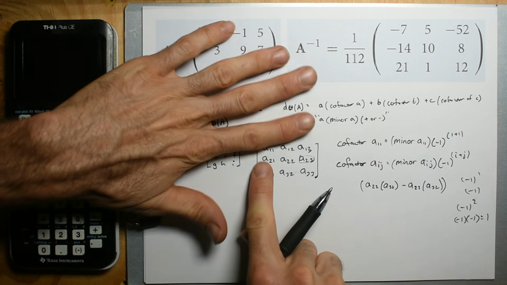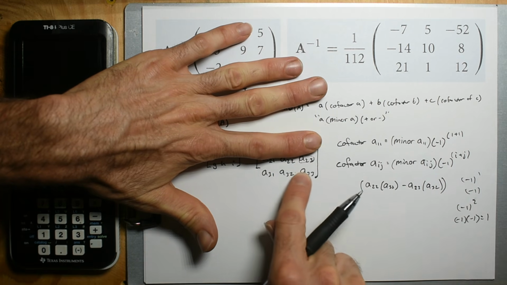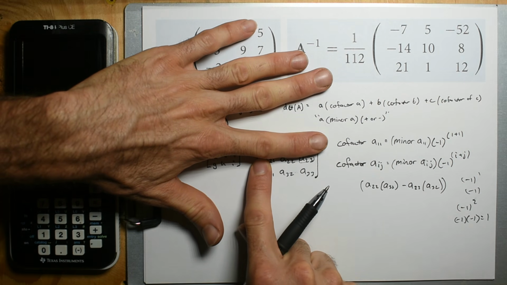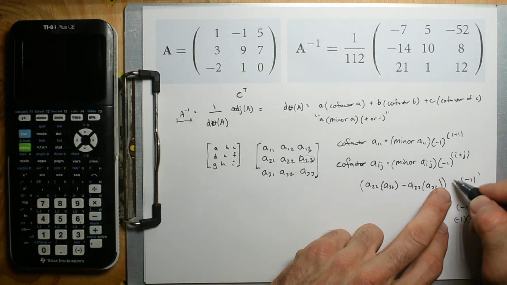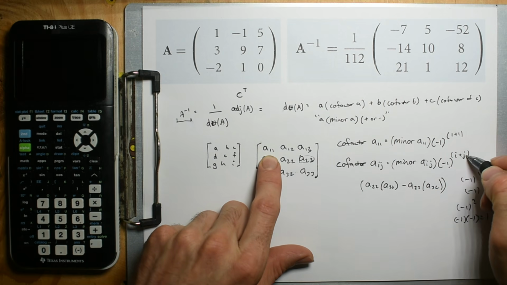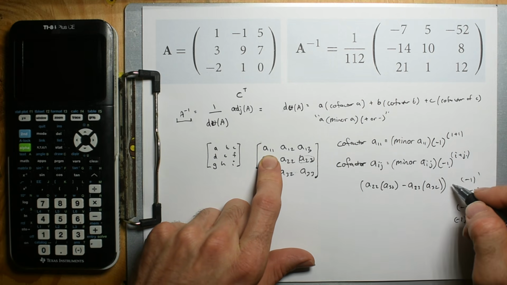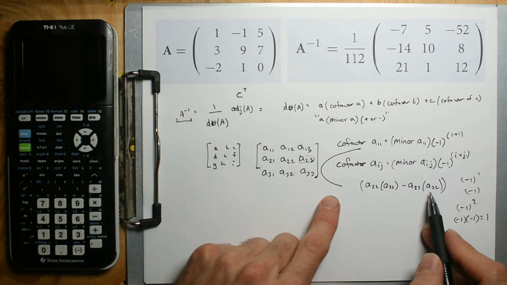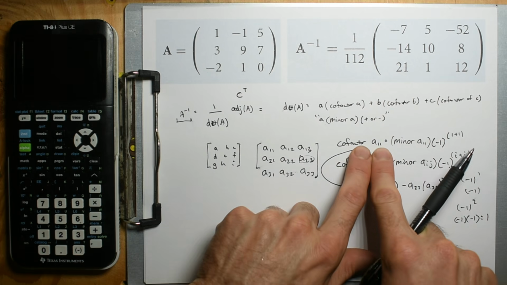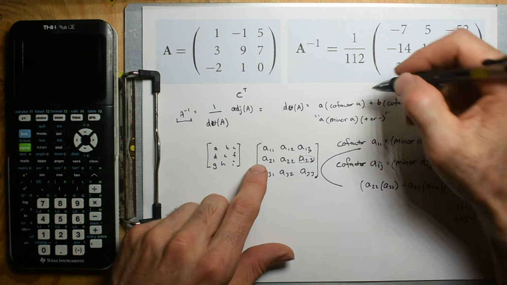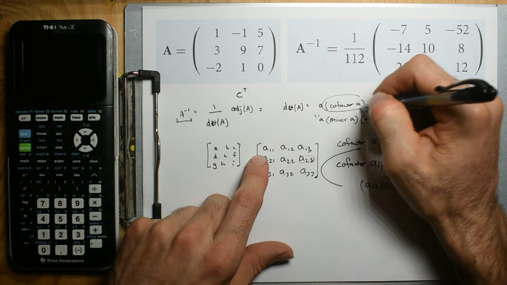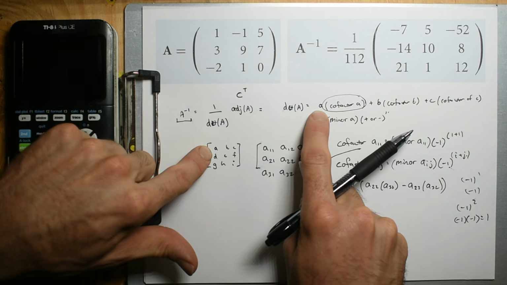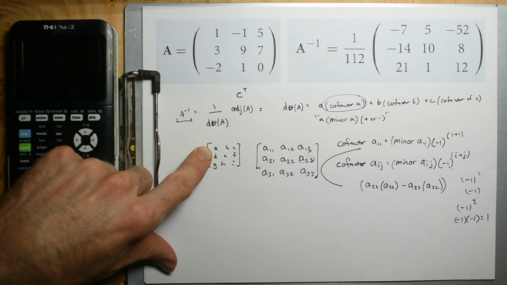That is the determinant of those 4 matrix values. Then we multiply it by this -1 to the 1 plus 1, which is just going to be a +1. So we're done. That is the cofactor of A11, and that would go in as the cofactor right there, and then we would multiply it by A, and that would give us the determinant.